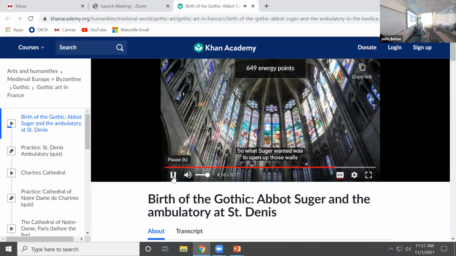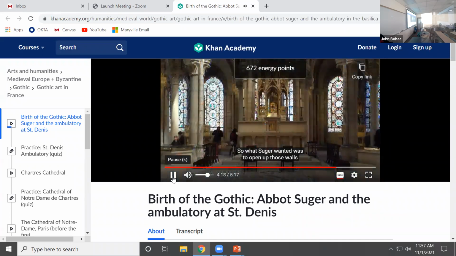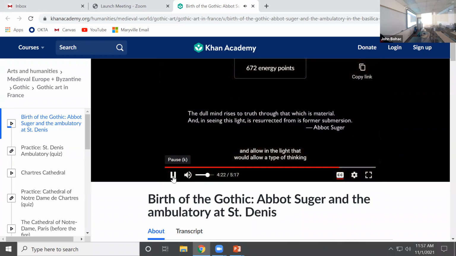So what Suger wanted was to open up those walls and allow in the light that would allow a type of thinking on the part of the visitors where they would move from the contemplation of the light to God.